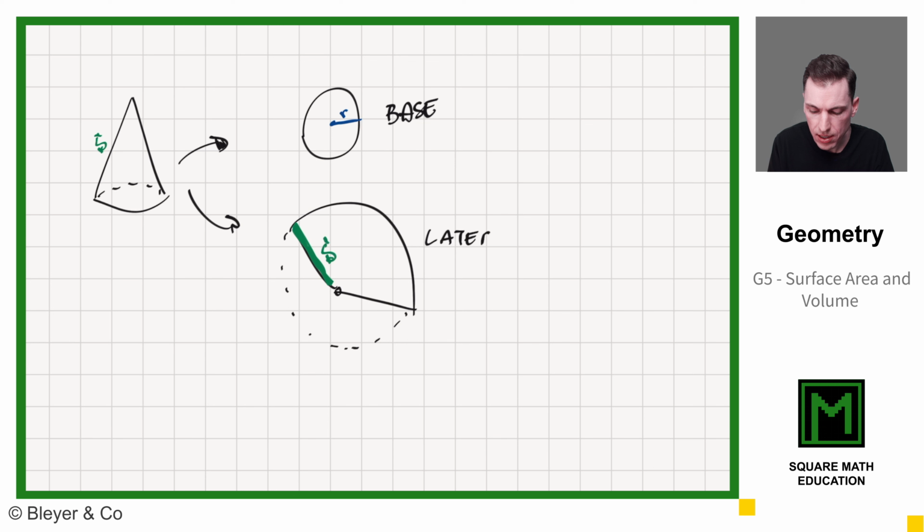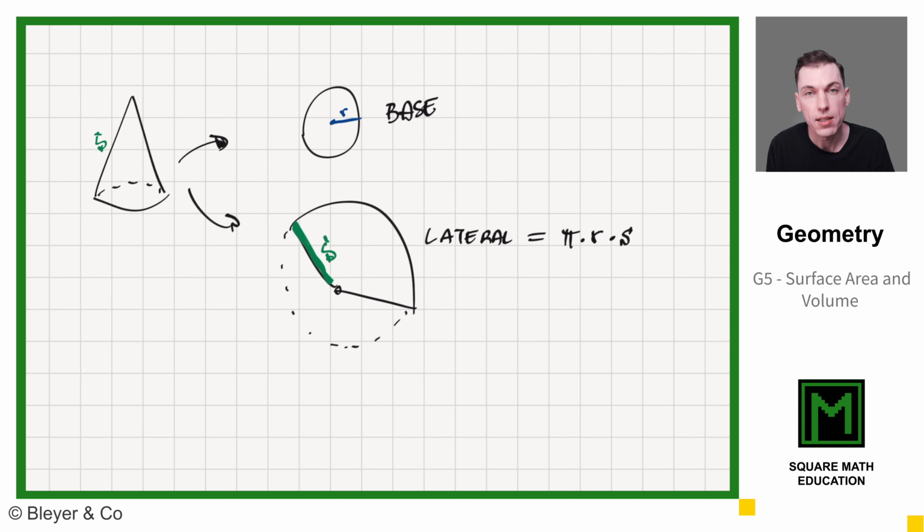Let's calculate the area of my lateral. If you remember, the formula is pi times the smaller radius from the base times the slant height, which is the radius of the big circle used for the lateral. Let's plug in our values. The area of the lateral is pi times the smaller radius, 2.2, times the slant height, 5.5.